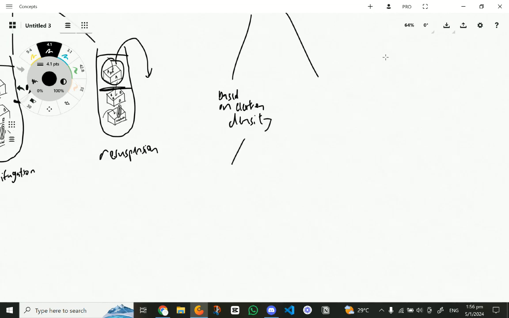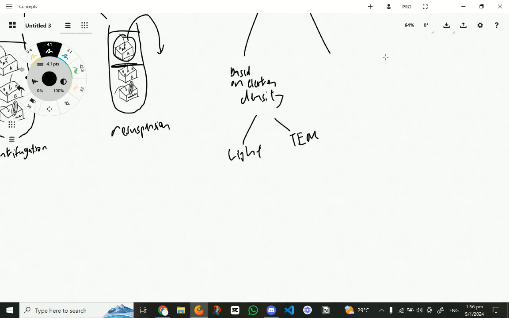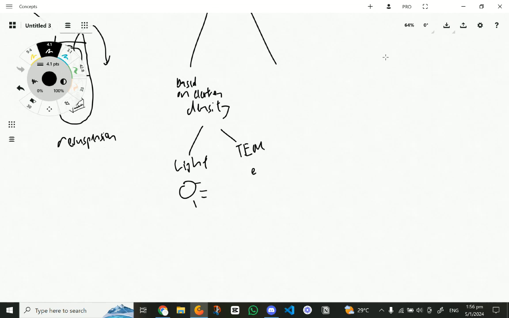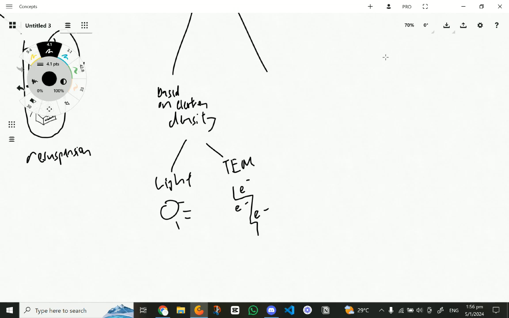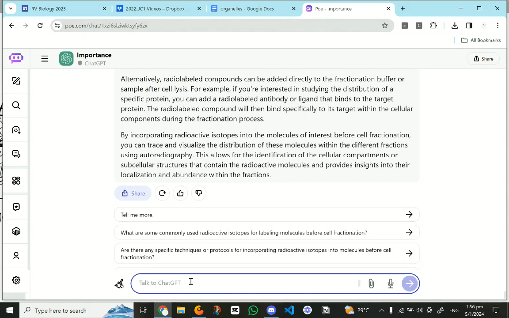I could do it this way, where it would be TEM and then SEM. Okay, I forgot what SEM is based on.